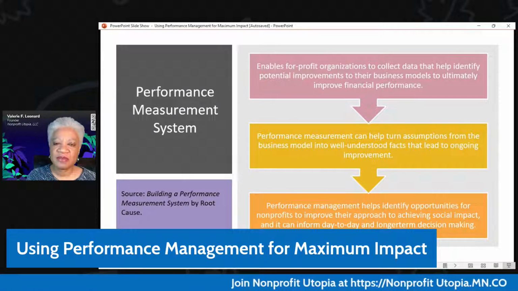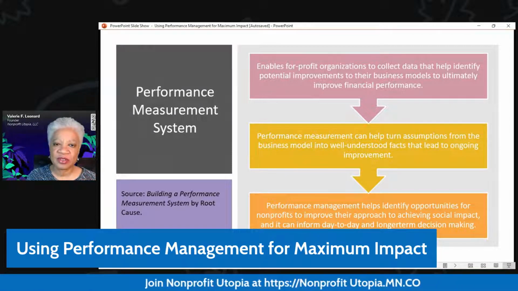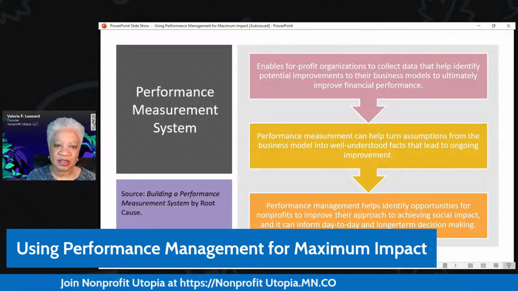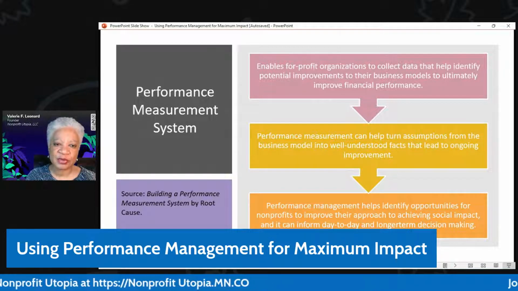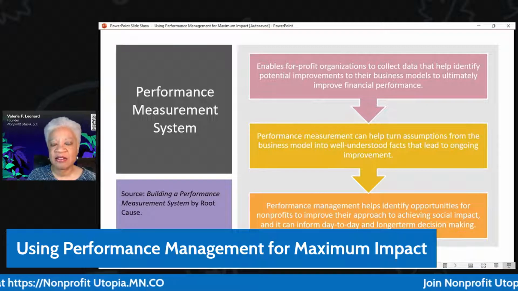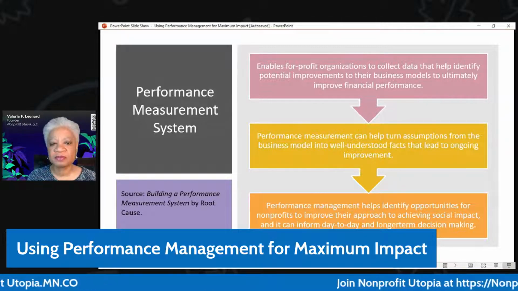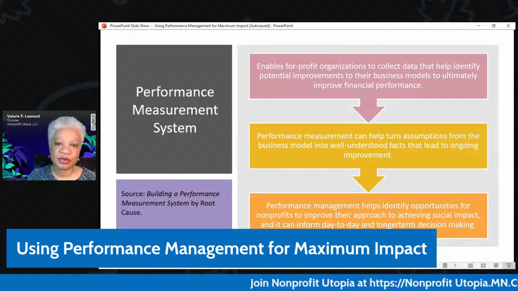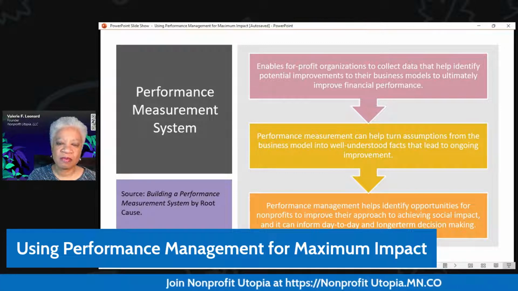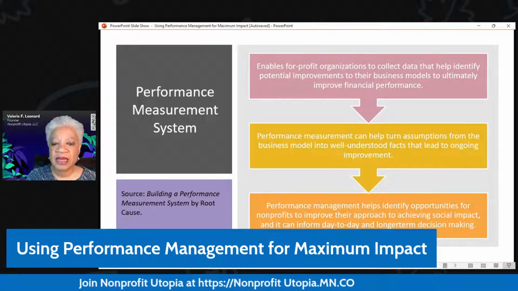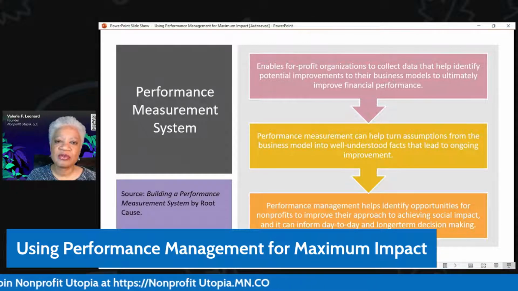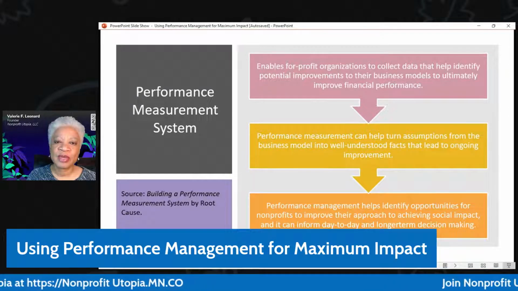So when you're developing your business model, you have a certain idea of the way things are going to turn out, and there are certain measurements you're going to take. If things turn out the way you think they will, then you will meet your KPIs, right? But if they don't, then you can use that as an opportunity to make changes.